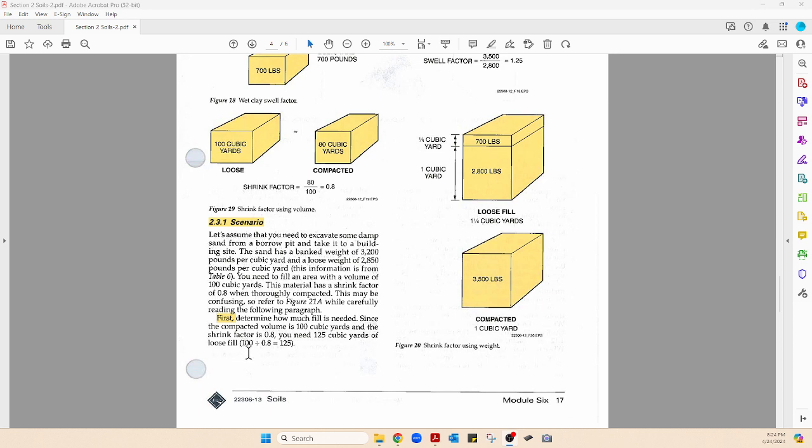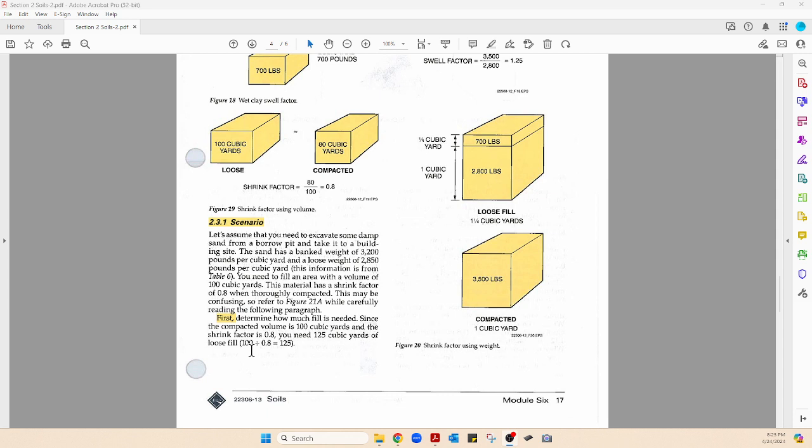So the way you get how much loose fill you need is you divide the amount of compacted fill, the dirt that you don't have yet, that you're going to need, by the shrink factor.